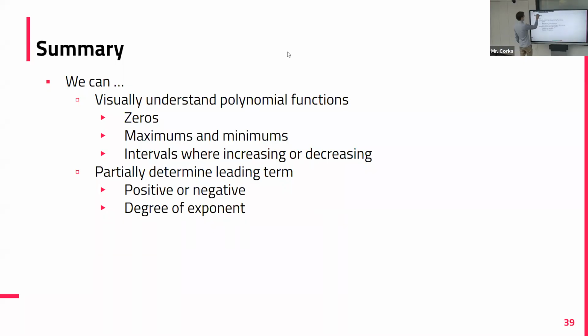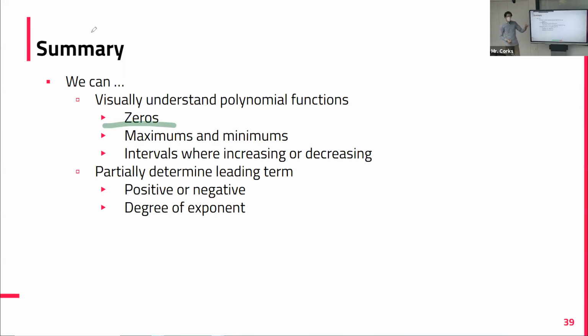So at this point, so far, we should be able to visually recognize, well, first of all, slopes, also zeros. So just where does your function cross the x-axis? Pretty simple. Where do you have maximums and minimums? Just because you have a turning point there.